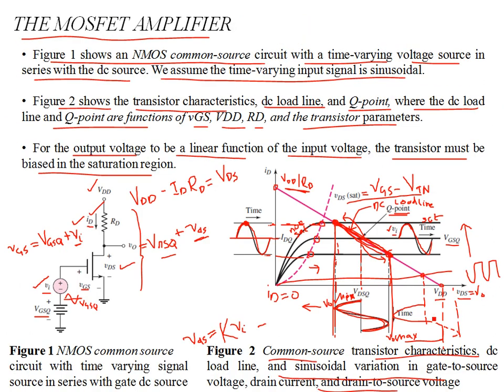This is what I have tried to explain before. For example, if it is near cutoff, then this upper limit is going to be clipped, which is not the case if the Q point is in the saturation region. You can determine the maximum output swing, and it's not clipped, so the frequency content stays the same. You can say that VDS is just a scaled version of the input voltage, but over here it is something else. VDS is not equal to K times VI because it contains harmonic content.